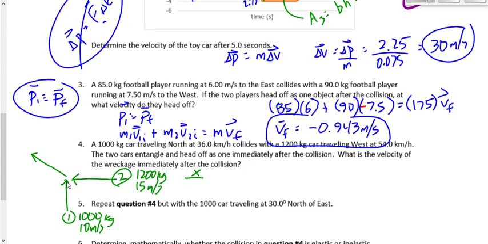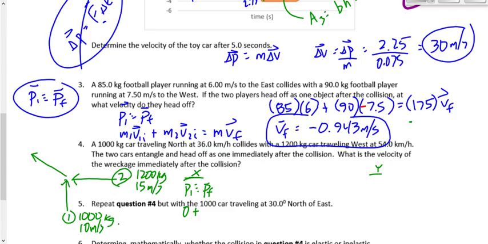X components, Y components. PI equals PF for both of them. Don't ever forget that. Okay, we need signs, positives and negatives, but when we've got a north and a west, we've got to go X and Y components as well. We can't just do what we did in question number 3. Let's say M1 V1I. That's actually 0.